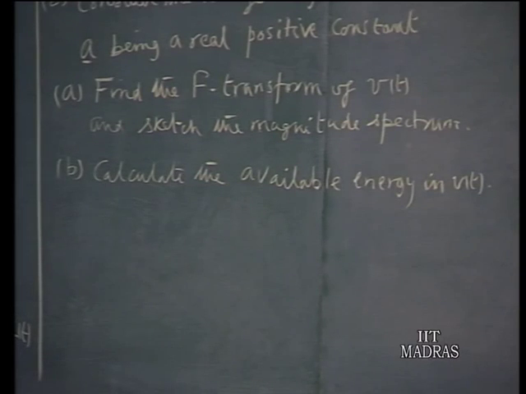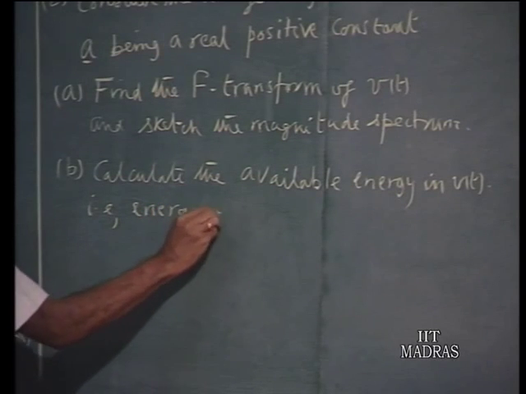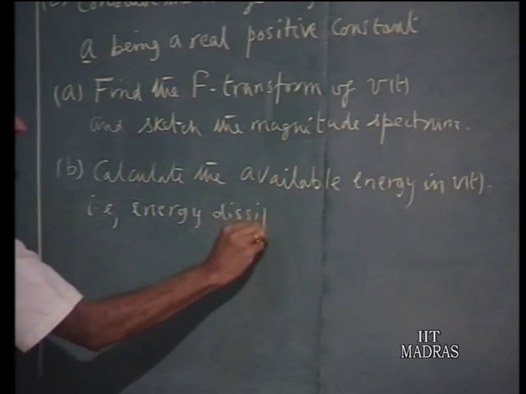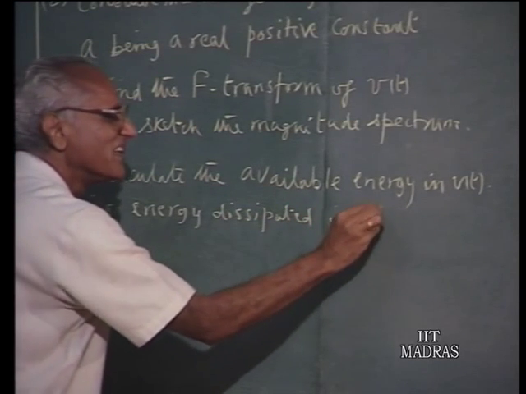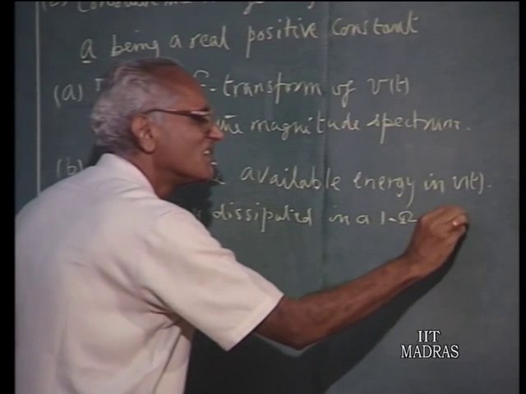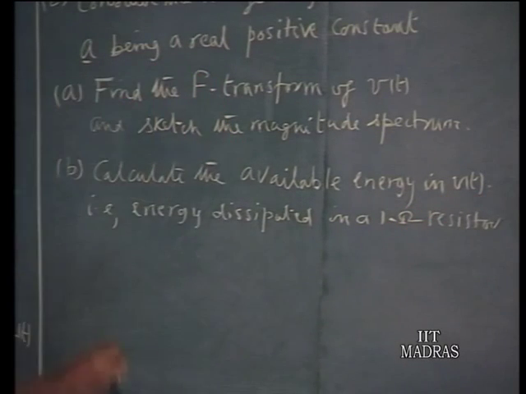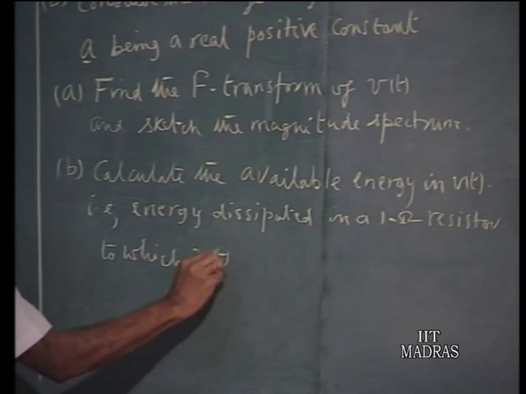That is what is meant by available energy: the energy dissipated in a 1 ohm resistor to which V of t is applied.